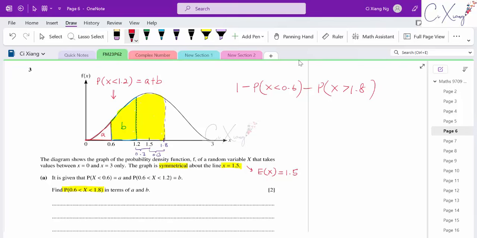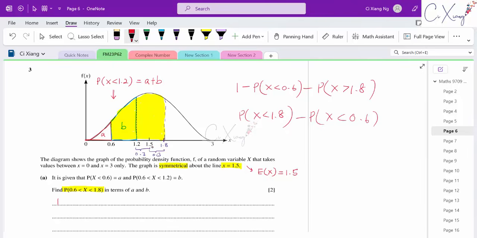Another way is you can take the area that is smaller than 1.8, that means the whole area, then minus the area that is smaller than 0.6. These are the two suggestions I can give you for the highlighted yellow area. No matter which method you use, they will give you the same answer. So we will start the calculation here.